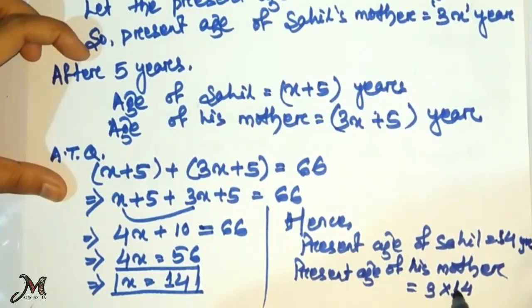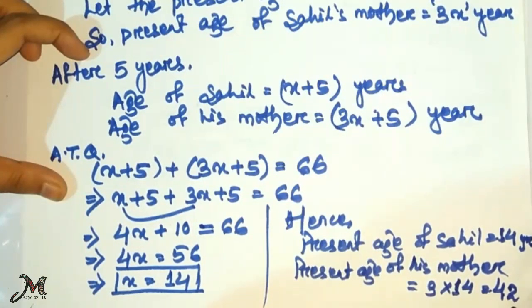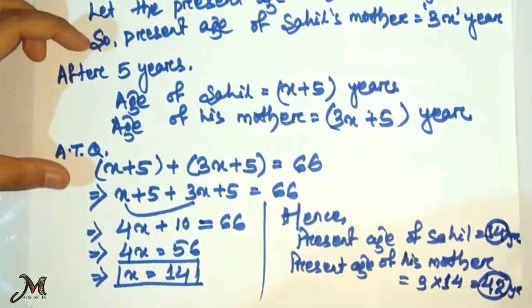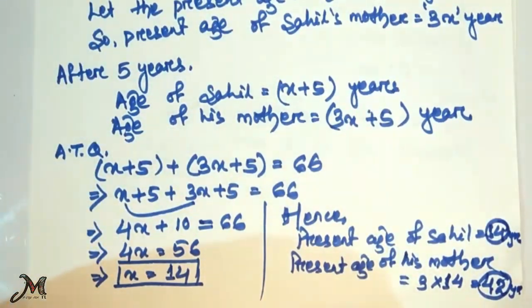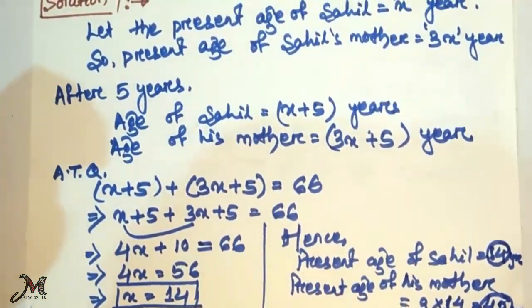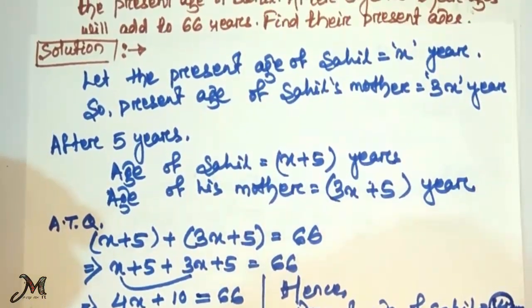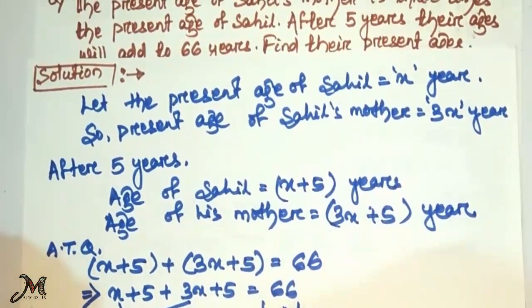So 3 into 14 is equal to 42 years. So these are the final answer, 14 years and 42 years. That means the present age of Sahil will be 14 years and the present age of his mother will be 42 years.